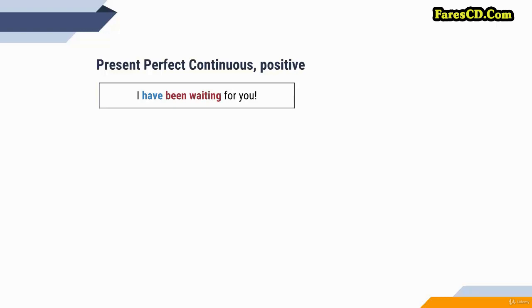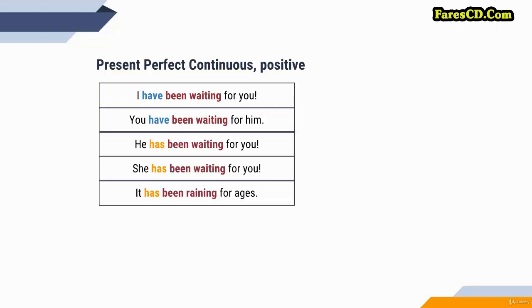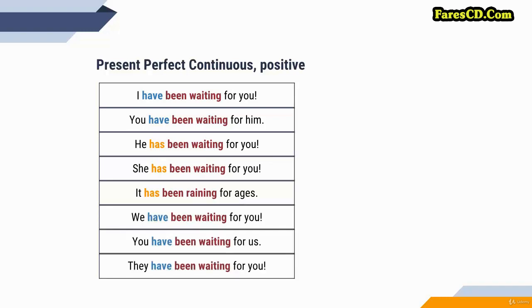And before starting with the different usages and explanations of what and how, first we are checking how it is formed. In a positive sentence, you have noticed what you need is the correct form of the auxiliary have, which means I have, you have, he, she, it has.